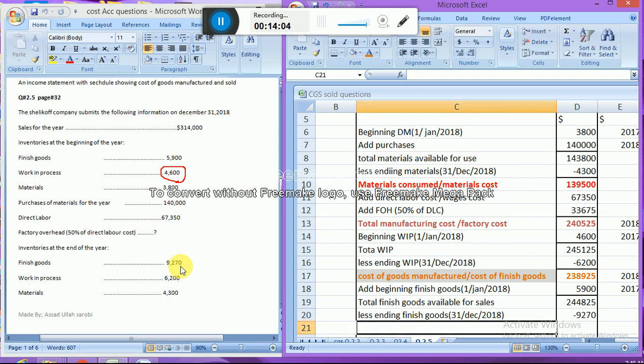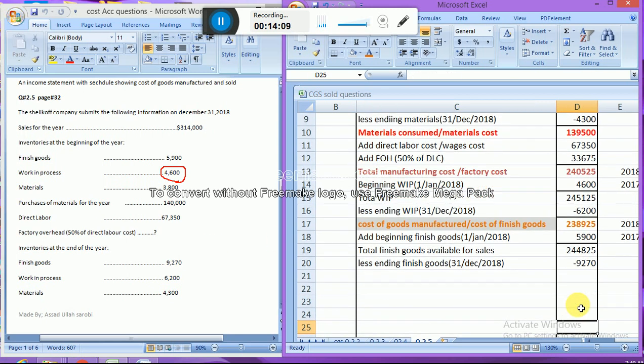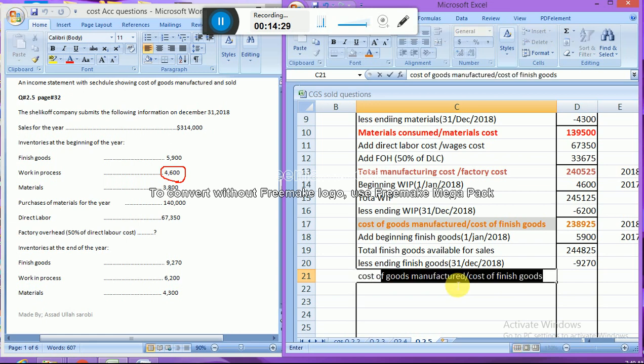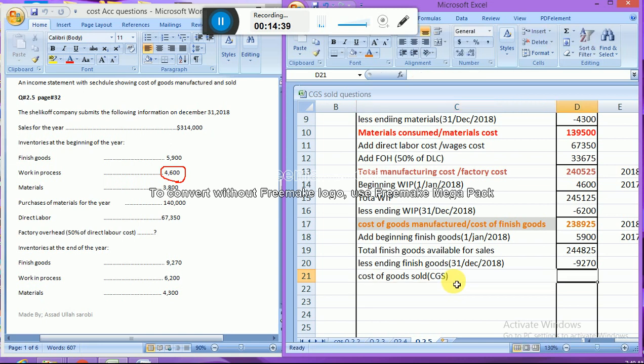Look, total finished goods was 2,44,825, and in these we now only have 9,270 remaining. So how much cost of goods sold? Cost of goods sold, CGS. How much is the cost of goods sold now?